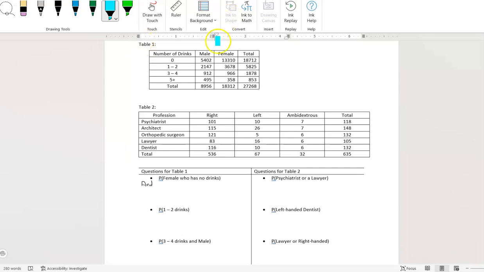The females with no drinks is this value here. So this is the total number. And so the probability is going to be 13,310 over the total of 27,268.